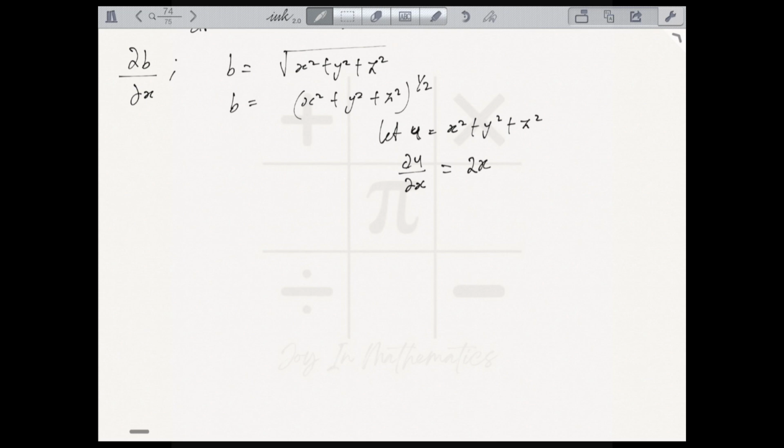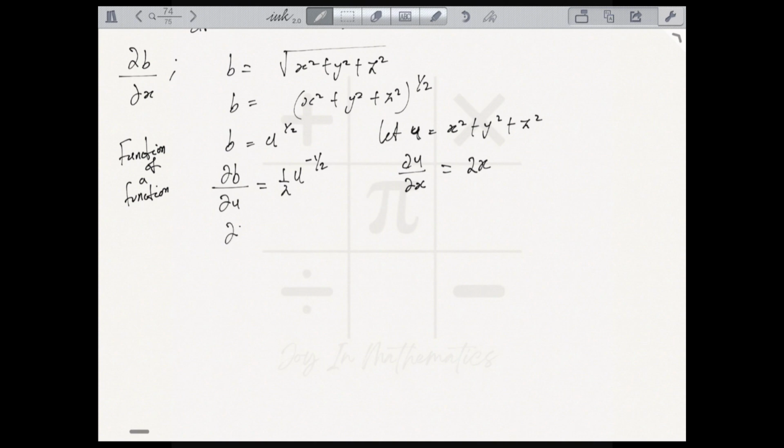After we have substituted this u, our b will now be equal to u raised to power half. Then we have to evaluate db/du. Remember, we are dealing with function of a function, and db/du is 1 over 2 u raised to power minus half.